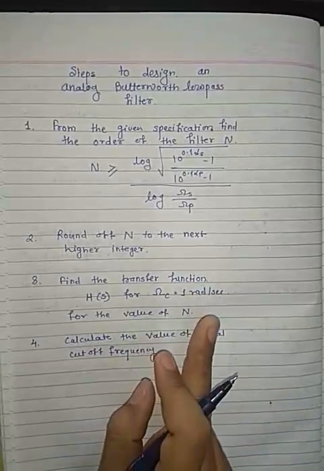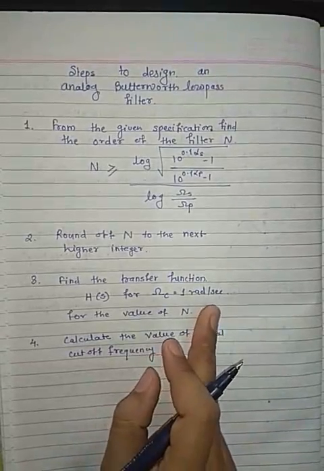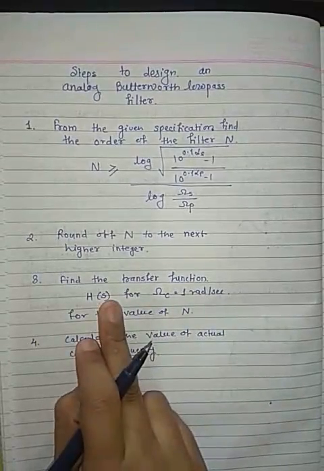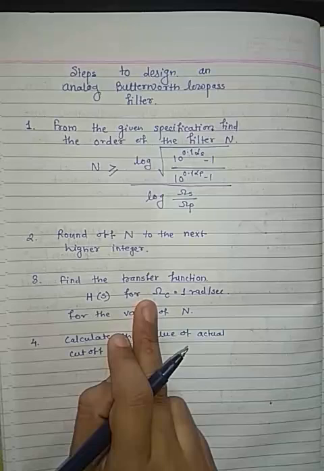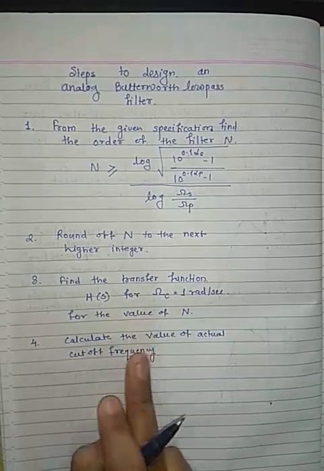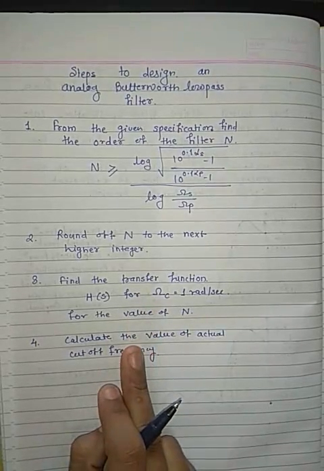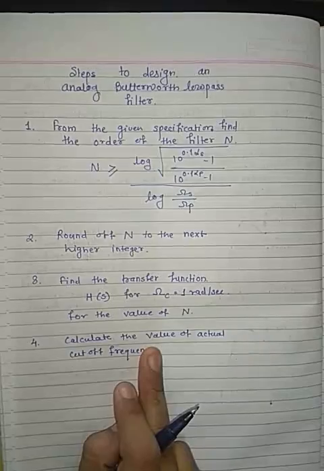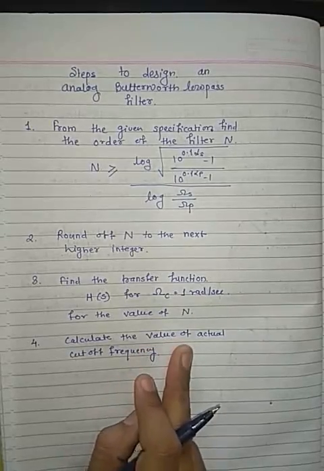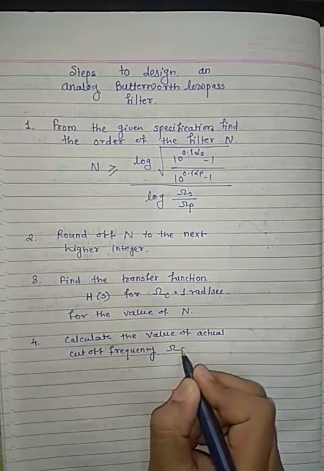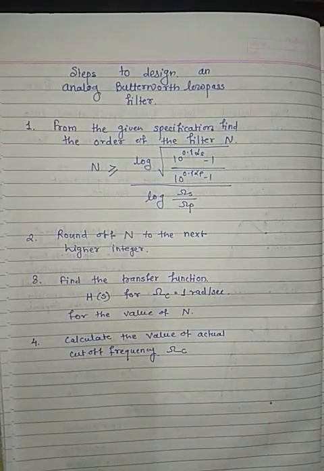Keep in mind that this equation of H of s is for the normalized transfer function. Now we have to find out the transfer function for the unnormalized filter. So we first have to find out the actual value of the cutoff frequency, that is Ohm C.